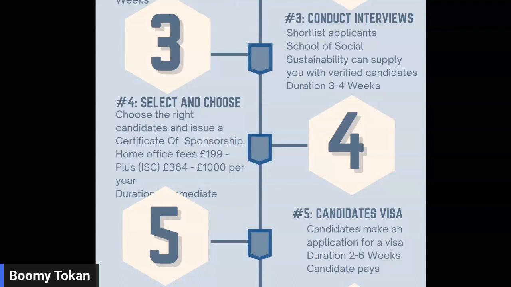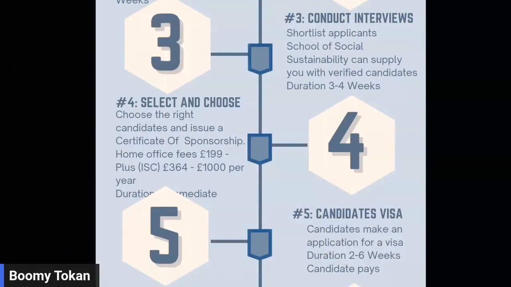All right, so the next thing is, whilst all this is going on, whilst you have made your allocations to the Home Office, you can actually start interviewing some of the candidates. You don't need to wait to receive your allocations before you interview, because you want this to be happening right after you receive the allocations. You want to be able to issue the licenses we're going to come to in a moment.